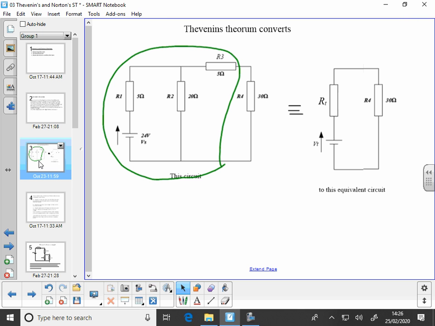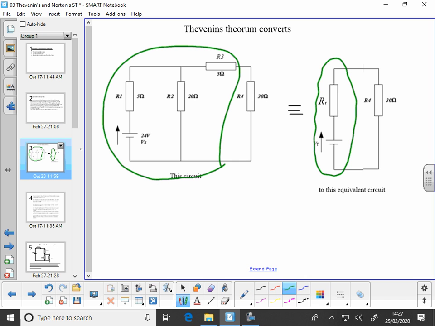Alright. What that then allows you to do is, if this is the load of interest, you can then analyze the circuit for different values of load resistor, and this part will act exactly like the green part of the original network for any load resistor.